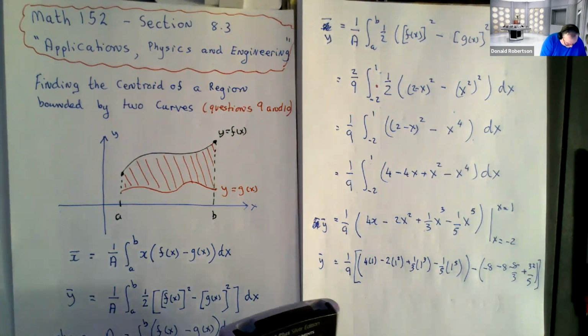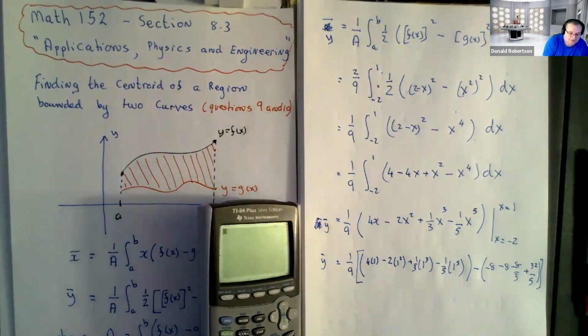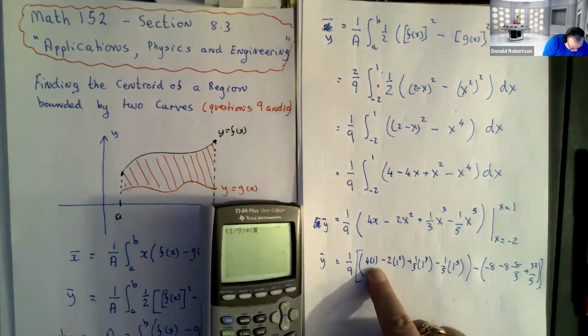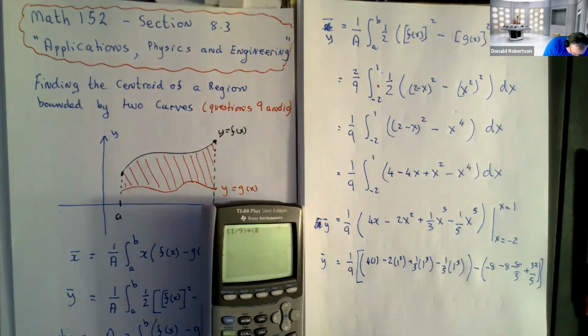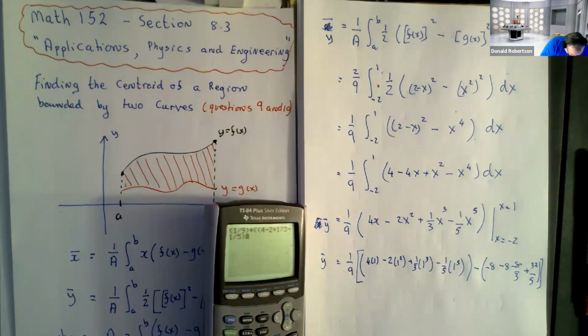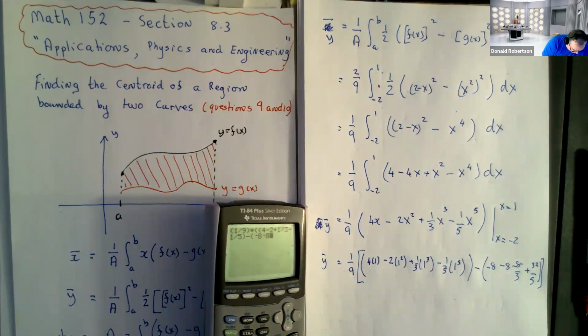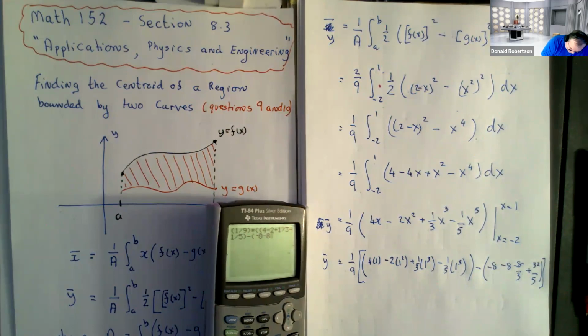Right, at this point, I'll do a calculator. In brackets, 1/9, that way it's just safer, times, well, this guy is going to be in its own bracket, so it's going to be 4, take away 2, add 1/3, take away 1/5, close that guy off, subtract, start another set of brackets for this guy, -8, oops, almost made a mistake there, subtract 8, subtract 8/3, add 32 fifths, close that guy, close one more for luck, and then make this guy a fraction.